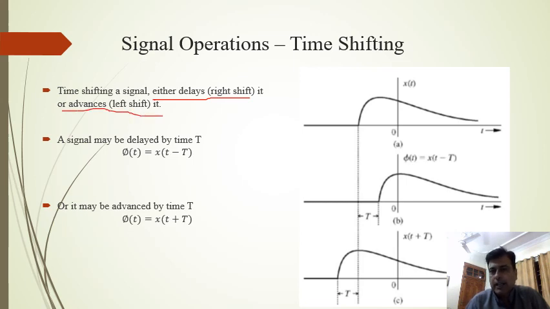Graphically this has been demonstrated in these three pictures. This is our continuous time signal x of t. If I delay this signal, at the moment it starts from here, but now I want to delay it in time.